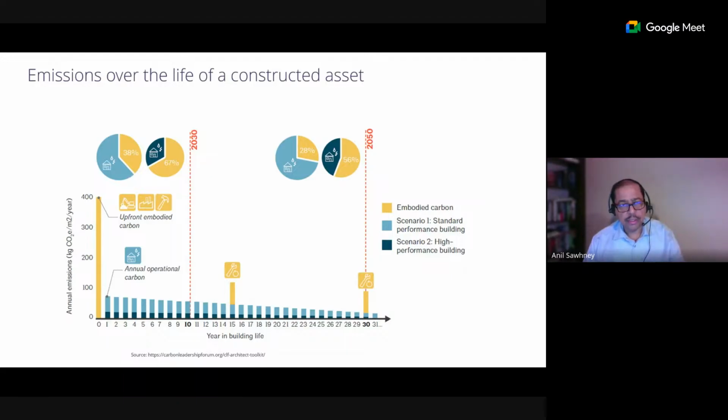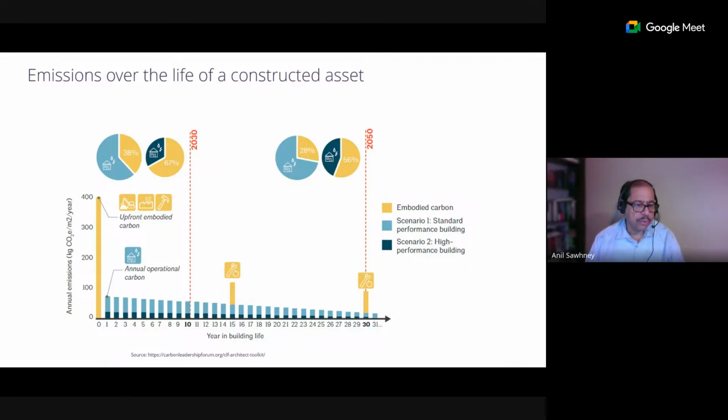That's where maybe the new air conditioning unit was placed, or whatever that repair, intervention, maintenance, retrofit, whatever that took place is shown again in that yellow bar. And the pie charts on top show the breakdown in terms of initial embodied versus operational, over the life embodied versus operational, and so on.